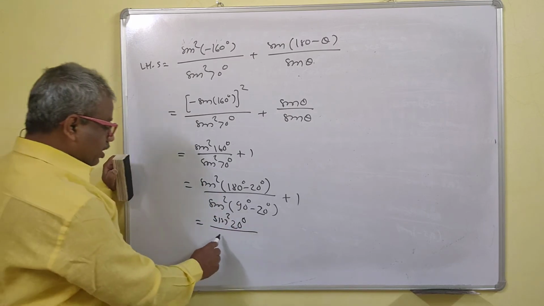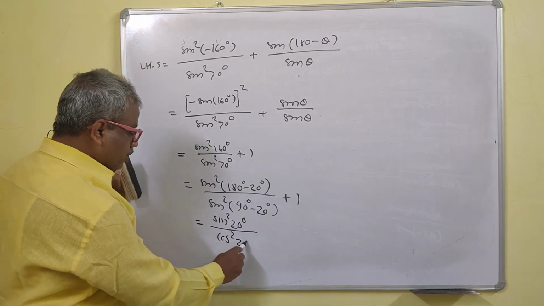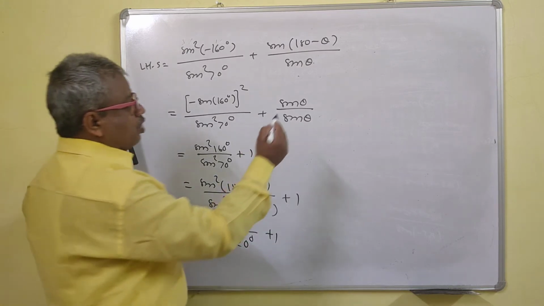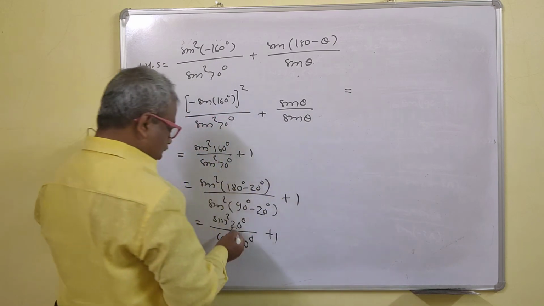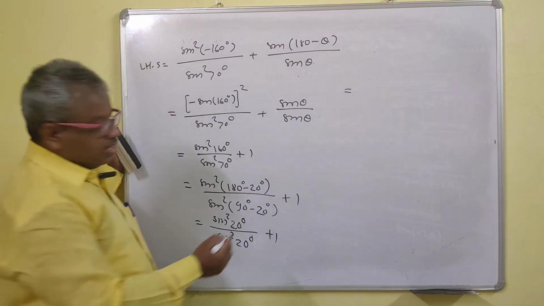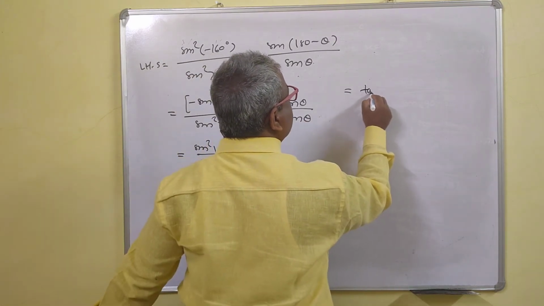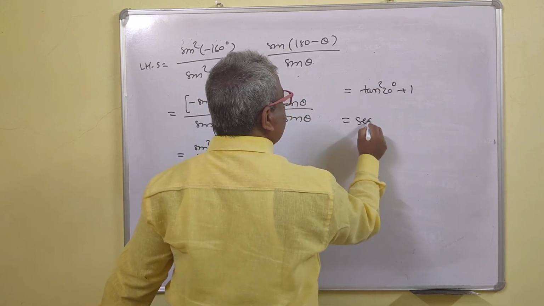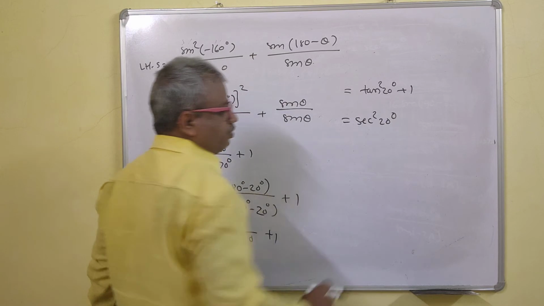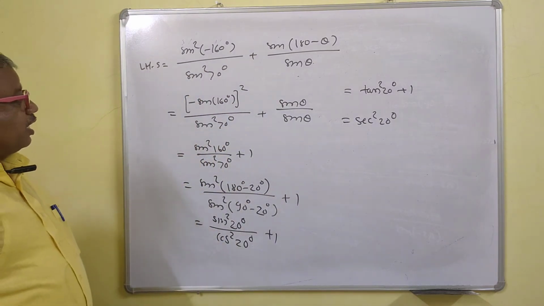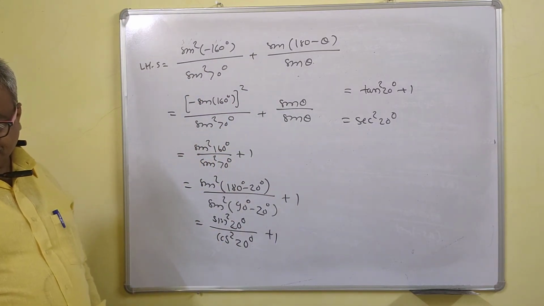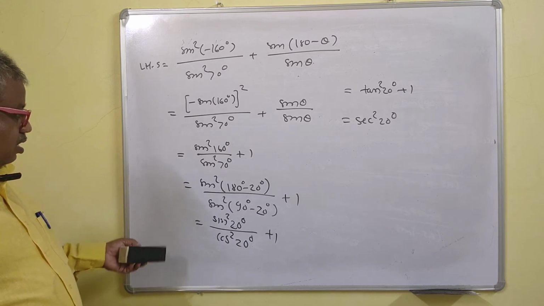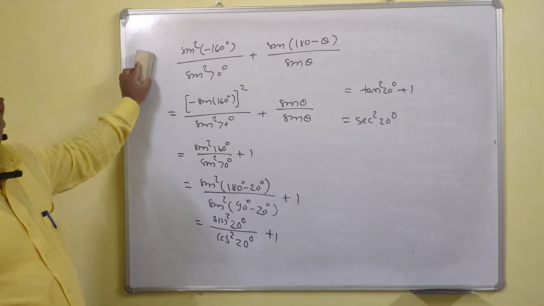This is cos square 20 degree plus 1, right? So now sine square 20 degree upon cos square 20 degree is tan square 20 degree, tan square 20 degree plus 1. So this will be your sec square 20 degree. So we are through. Again, the problem is very simple. Here we have applied only allied angles.